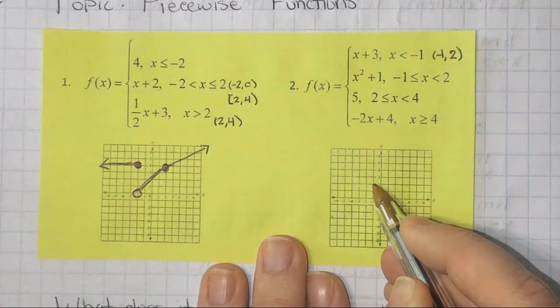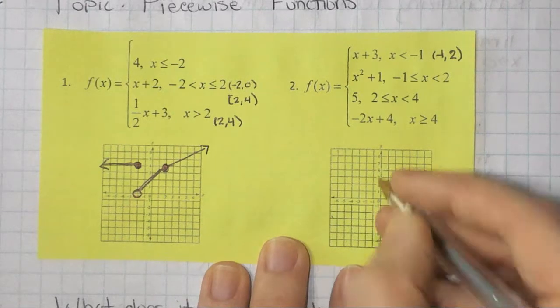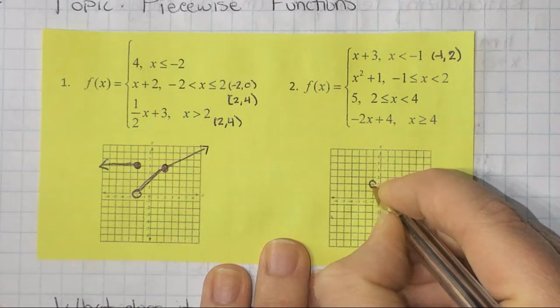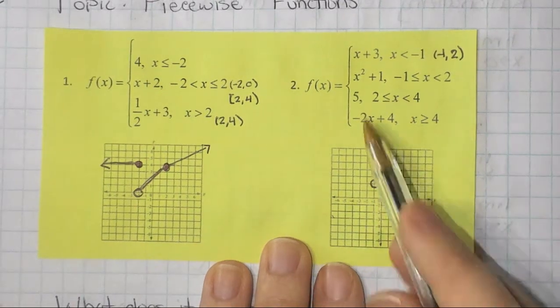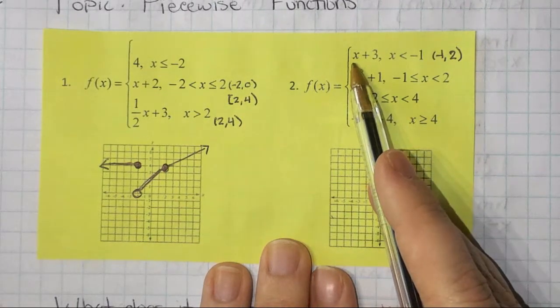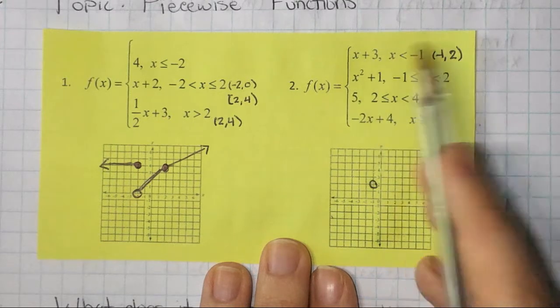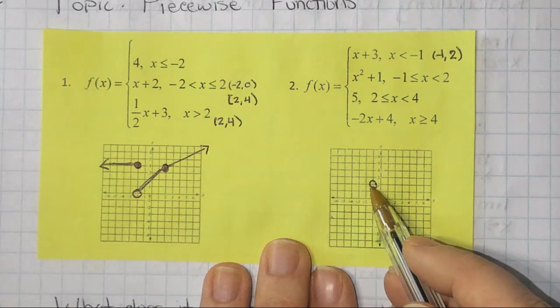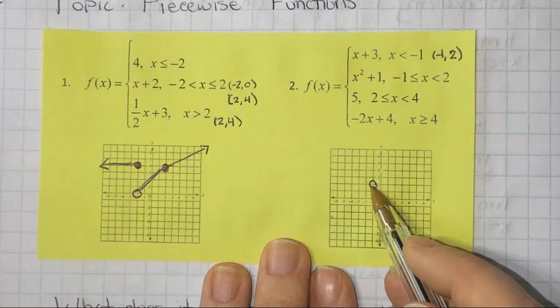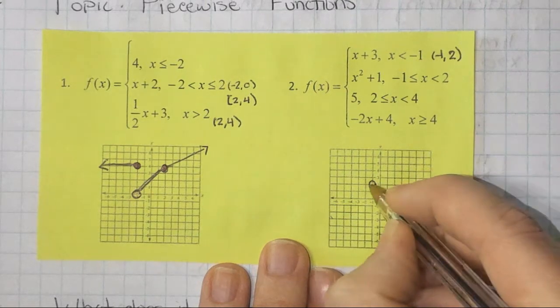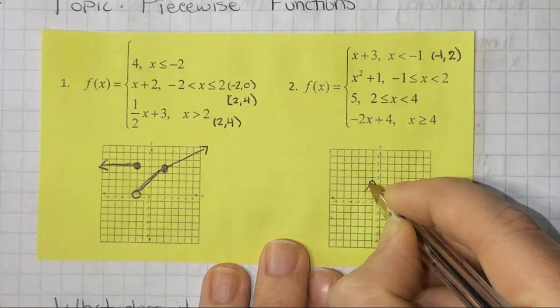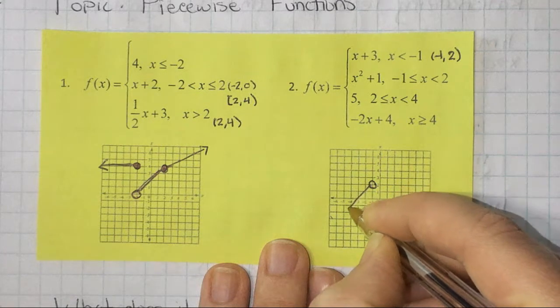Is it going to be open or closed? It's going to be open because it just says less than. It doesn't say equal to. The slope is positive, but it's a 1. But realize we're dealing with less than -1, so I want to be going to the left. I need a slope of +1 that is less than that. So there it is.